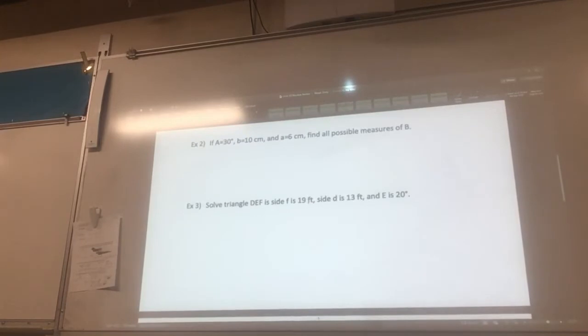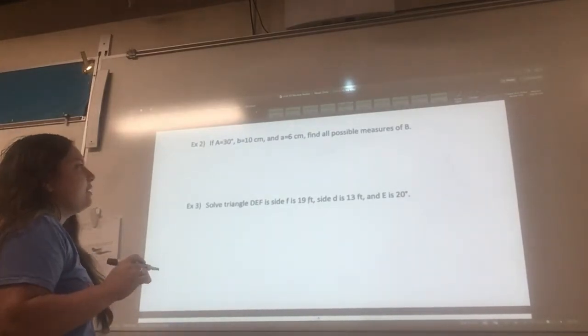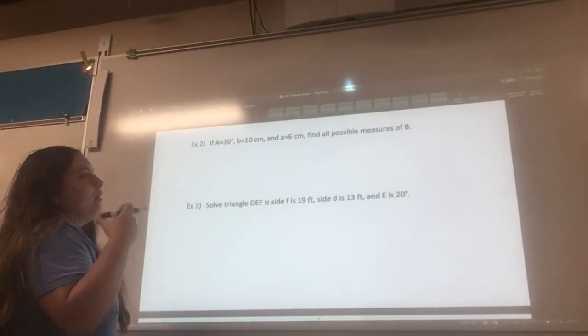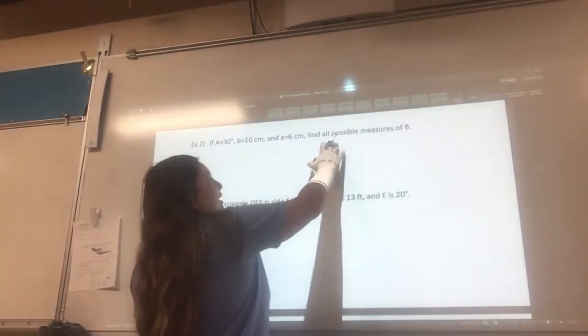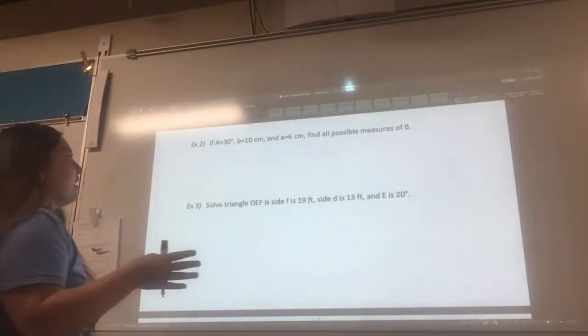Example 2. We were given an angle of 30, two side lengths, and we need to find all possible measures of B. From my standpoint, since this is find all possible measures of B, that means I am going to be using law of sines.